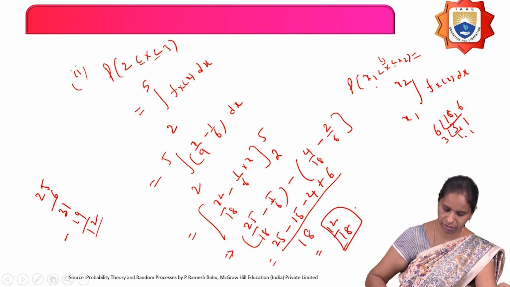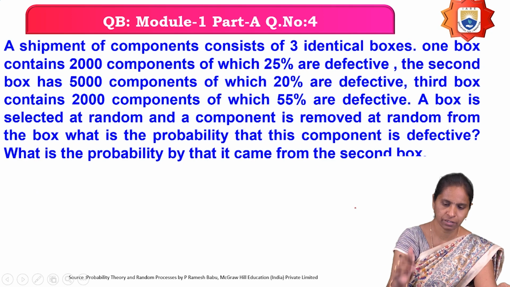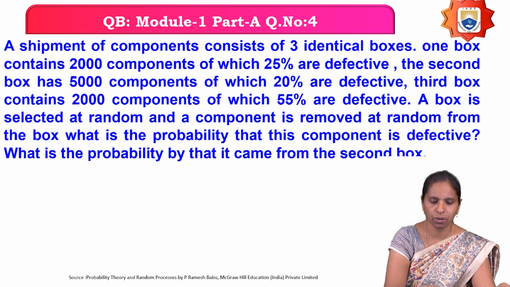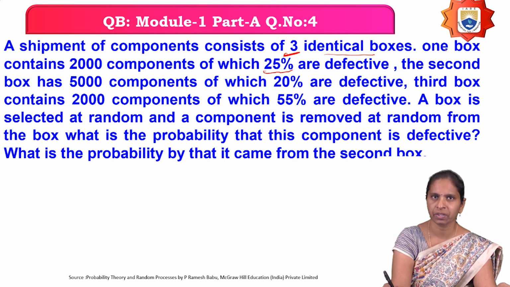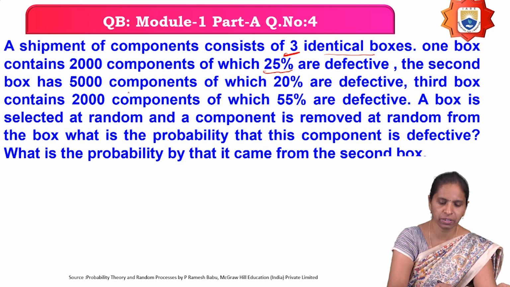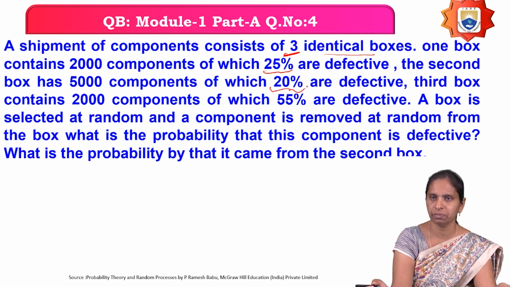Next one is, a shipment of components consists of 3 identical boxes. How many boxes are you having? 3 boxes. One box contains 2000 components, of which 25% are defective. And the second box has 5000 components, of which 20% are defective.